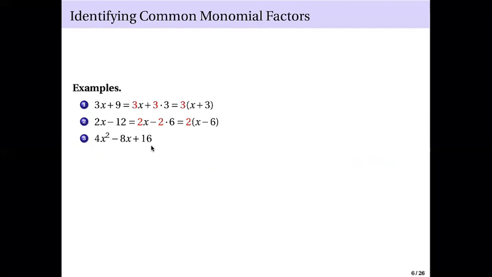So we have the following: 4 times x squared minus 4 times 2x plus 4 times 4. As you can see, 4 is obviously a common factor. Then you factor that out, and you will get 4 times x squared minus 2x plus 4.